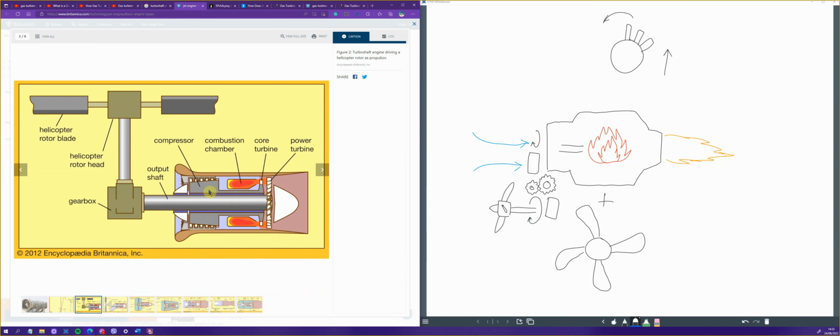So, makikita nyo dito, ito yung compressor side mo. Combustion chamber, then meron kang core turbine, then power turbine, then dito lalabas yan. Pag umikot to, iikot din yung shaft mo, output shaft, and yung transmission mo dito, magpapaikot ng iyong helicopter.